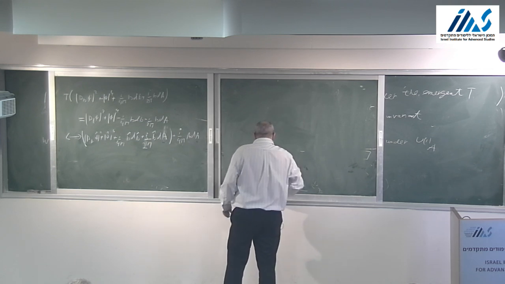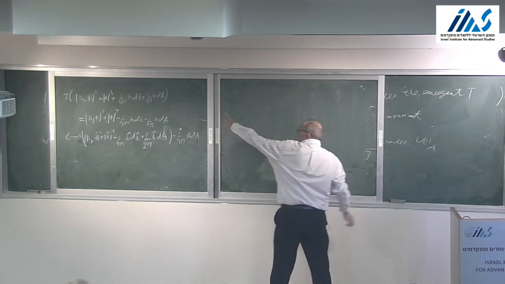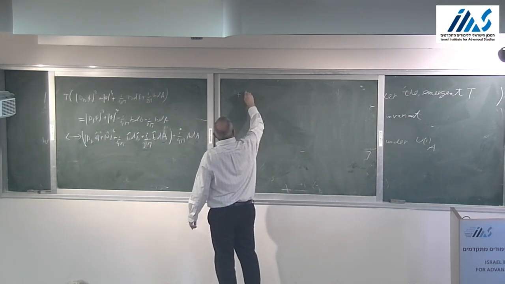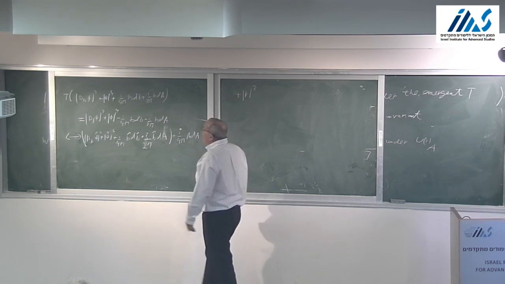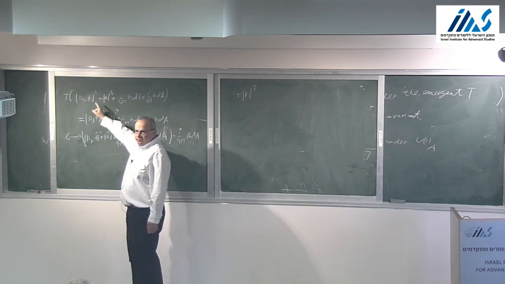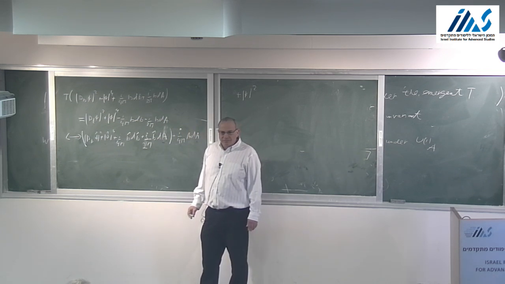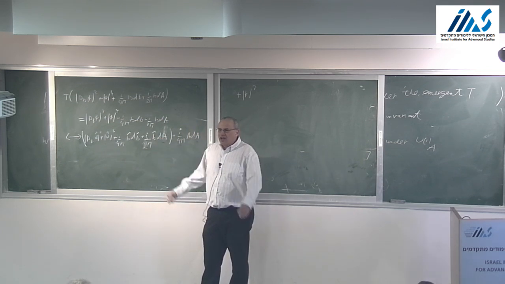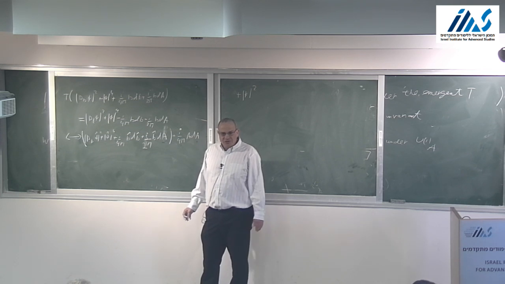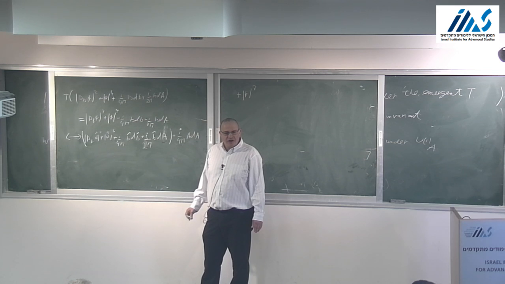So let's deform the left-hand side by adding plus absolute value of phi squared. If I add phi squared with a positive sign, what does it do to the particle phi? It gives it a mass.